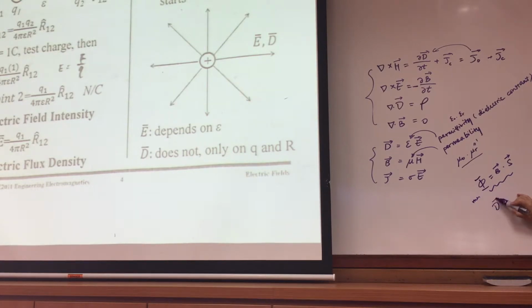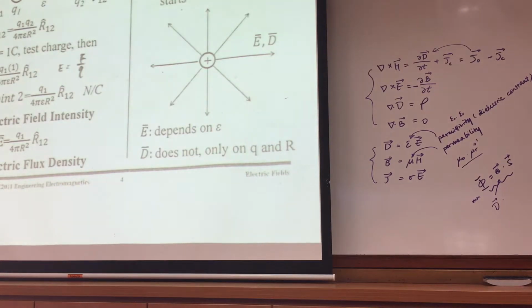Electric flux is D. D is the density, so it's also the same. D corresponds to B. I'll come back to this problem later. Mark it.